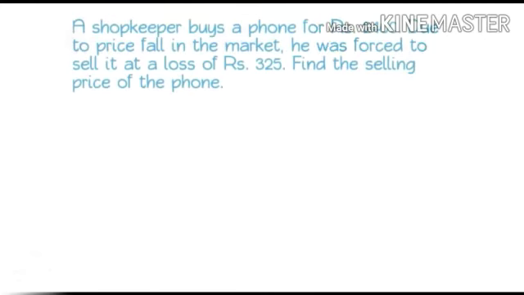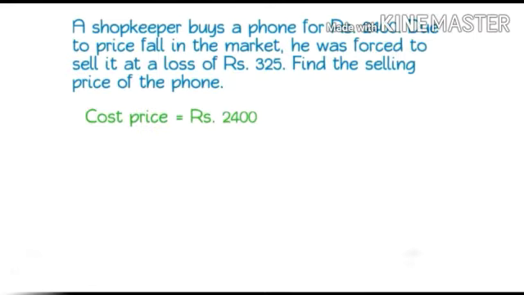2535 rupees. A shopkeeper buys a phone for rupees 2400. When the price fell in the market, he was forced to sell it at a loss of 325 rupees. Find the selling price of the phone. Given cost price is equal to 2400 rupees and loss is equal to 325 rupees.